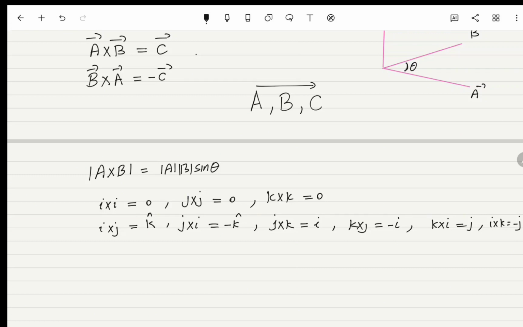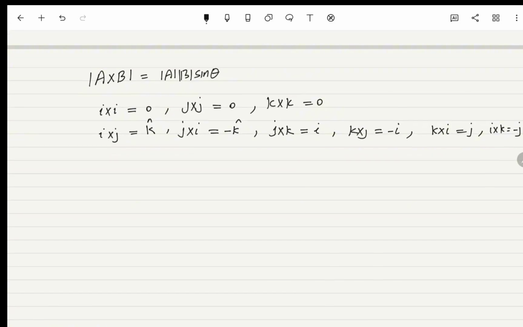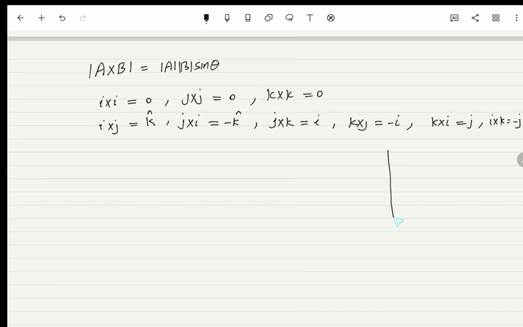Now, if we cross product two vectors, in this case we should get 9 components. 3 of them are equal to 0, and 6 of them are not 0. To remember this, let's have this quick sketch, assuming that this is I, j, k. If you move this way, the answer is positive.